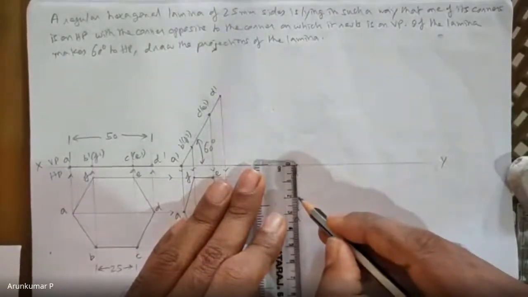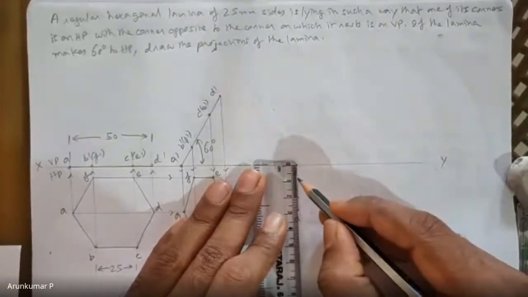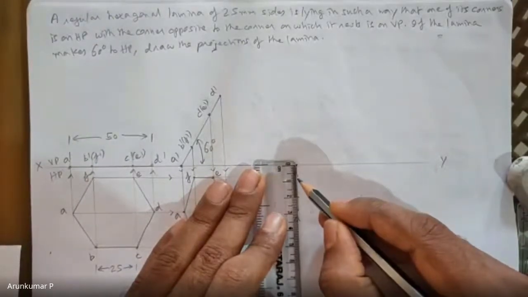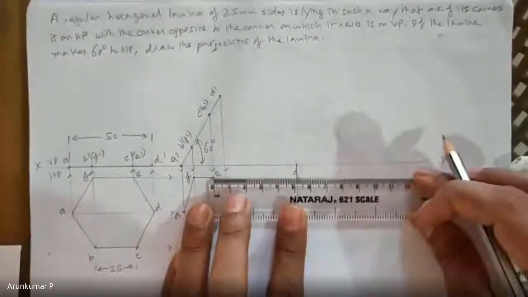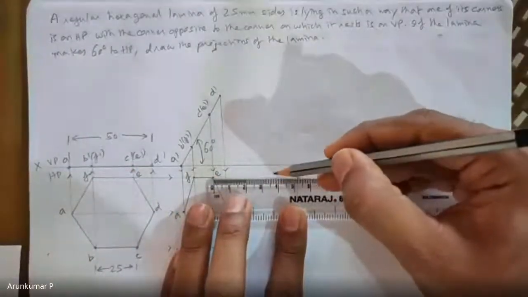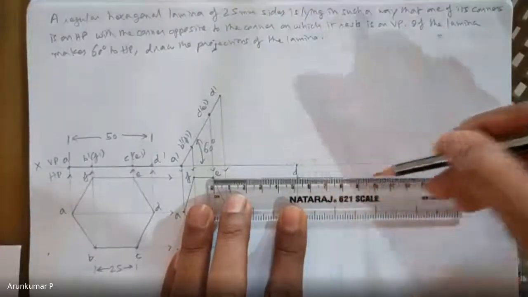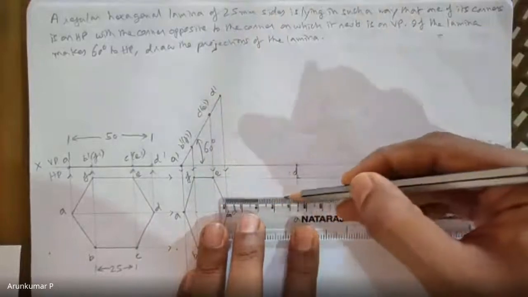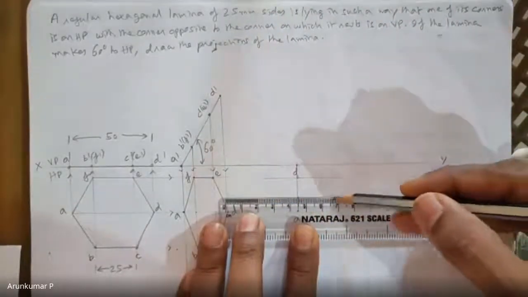So what I'll do is locate one here and one here. I'll draw the horizontal lines, one here and one here. Both these lines should be parallel to XY line.